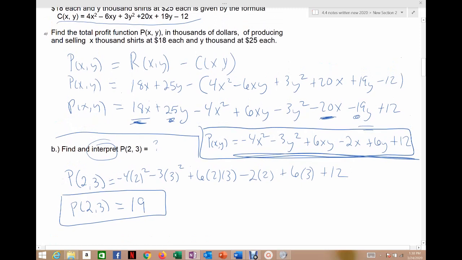And then explain what it means. Remember, x is in 1,000s, y is in 1,000s, and profit is in 1,000s, so that's significant. 19 doesn't represent 19. 2 doesn't represent 2.